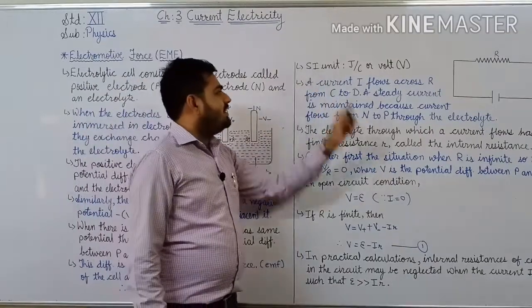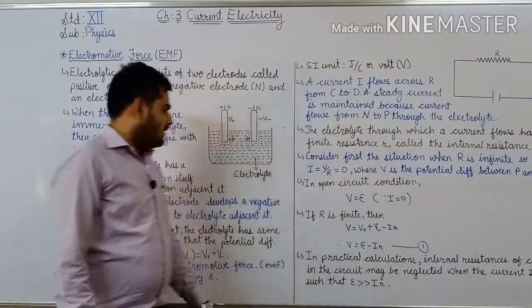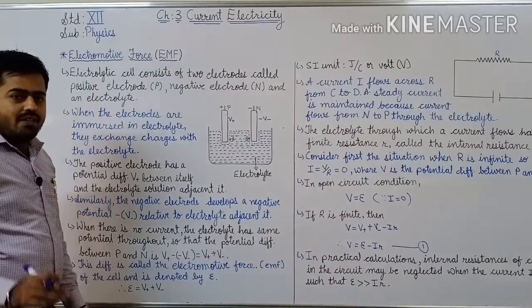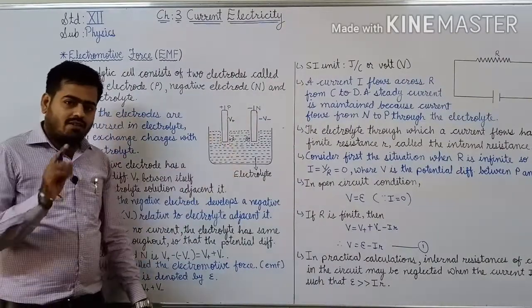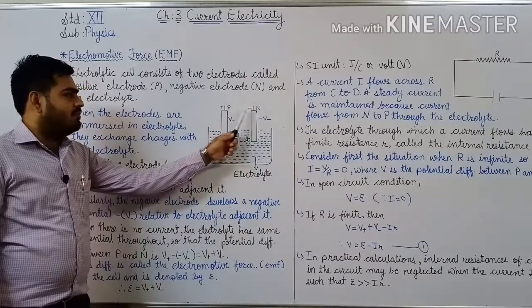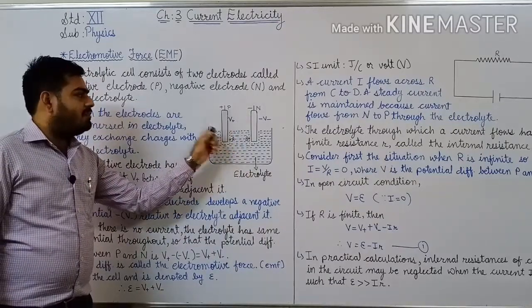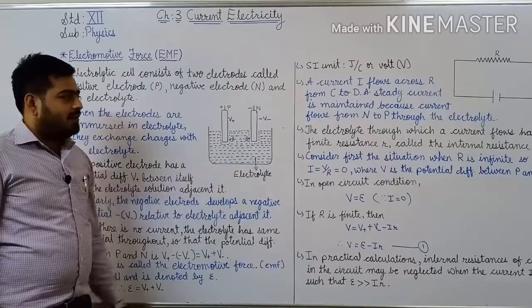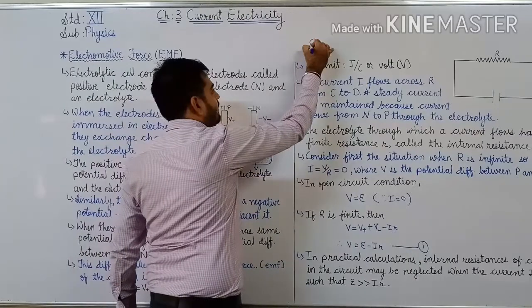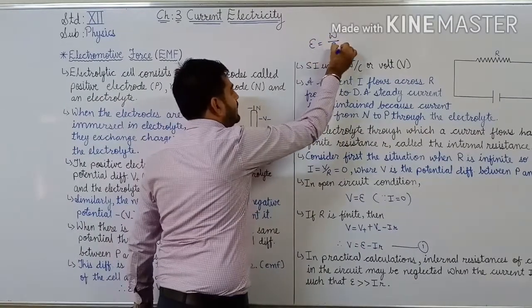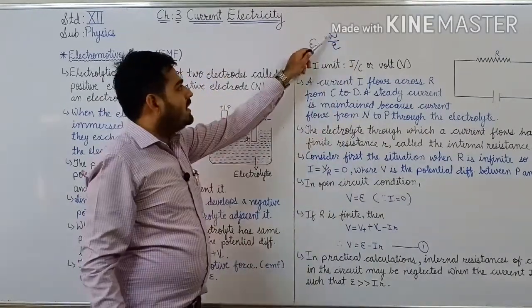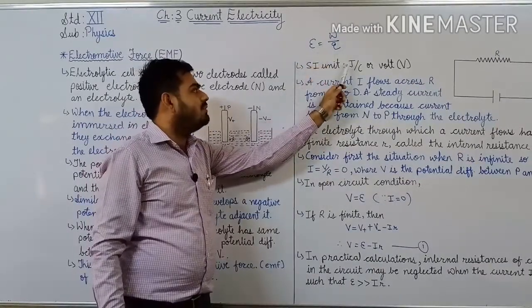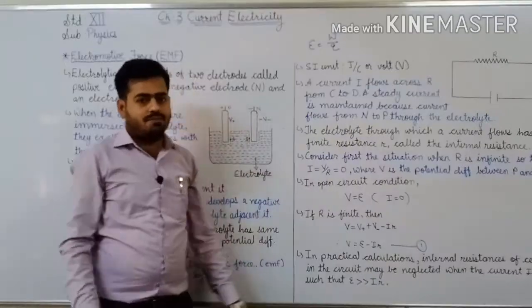What is the SI unit of EMF? As I told you, EMF is the work done in moving unit positive charge from the negative terminal of the battery to the positive terminal. So E is equal to work done per unit positive charge. What is the unit of work? Joule. What is the unit of charge? Coulomb. So joule per coulomb is the unit of EMF.